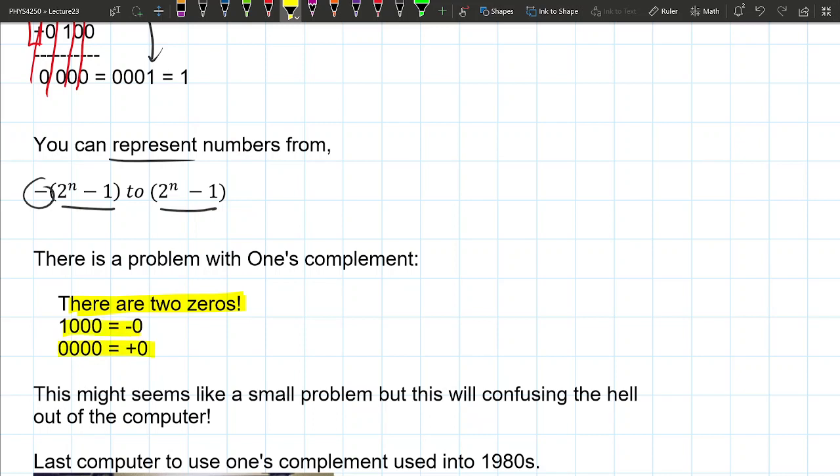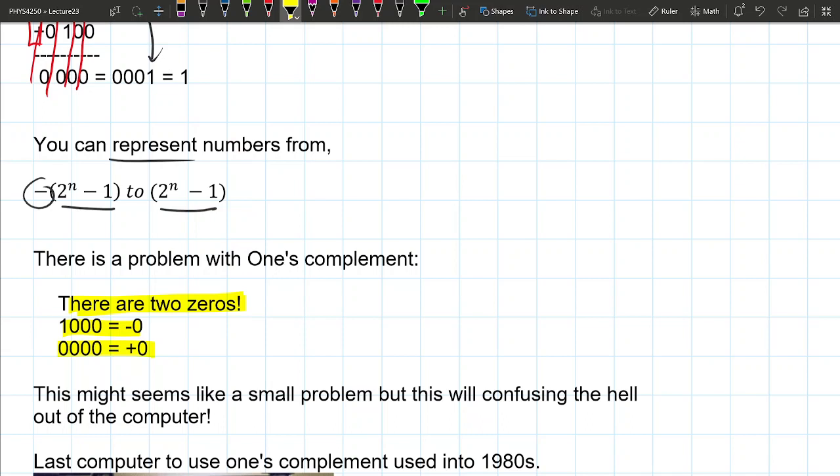This might seem like a small problem for us humans, we just deal with it. For a computer, if you reach two different zeros in two different calculations, it thinks they're two different numbers. Zero no longer equals zero, which is troubling.